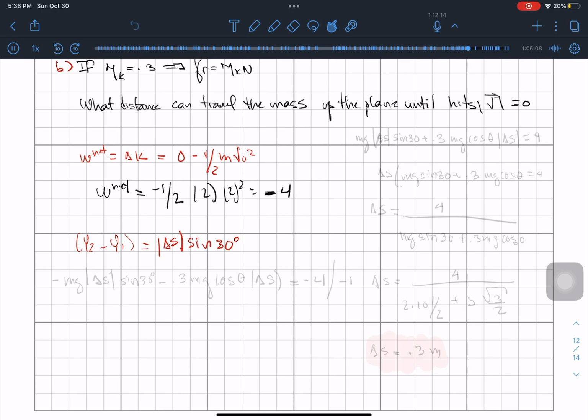This could be defined as minus mg delta s sine of 30 minus 0.3 mg cosine of the angle times delta s equals minus 4, right?